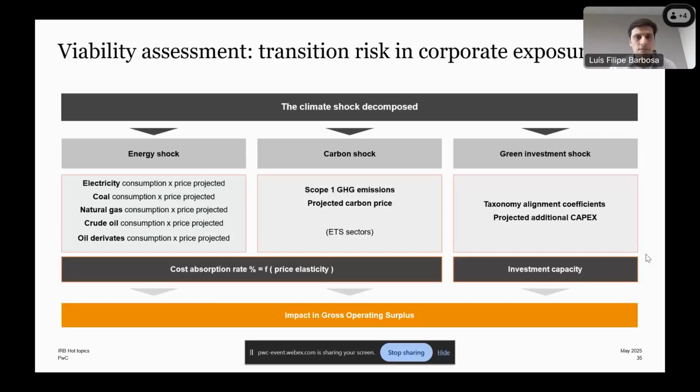We know that climate shocks are expected. You may decompose them on the energy side, on the carbon side, and also on the investment that is required. For any of these variables, there are already public estimates that are credible about evolutions, in many cases well above 10, 15 years.